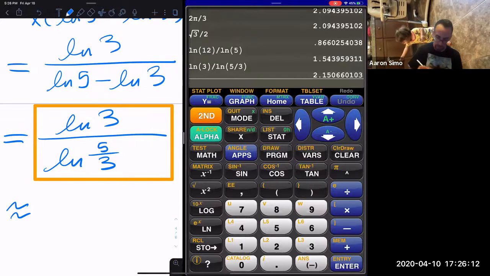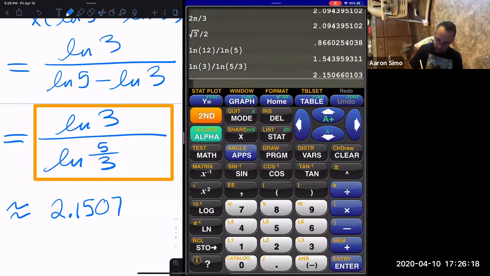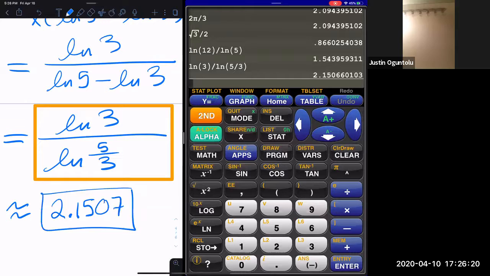Okay, the answer is 2.1507. Wow. Okay, I didn't type it in right again.